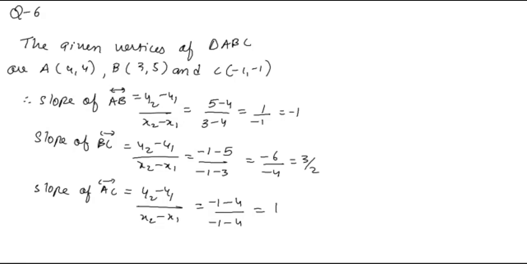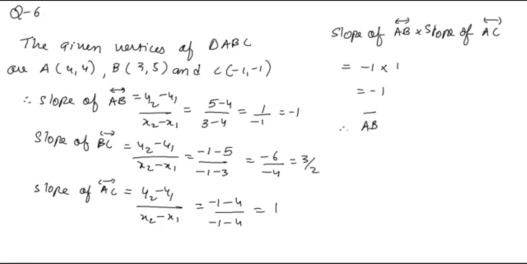Here you can see that the slope of AB multiplied by the slope of AC is -1 multiplied by 1, which is equal to -1. Therefore, I can say that line AB is perpendicular to line AC.